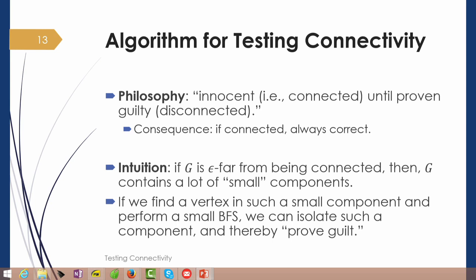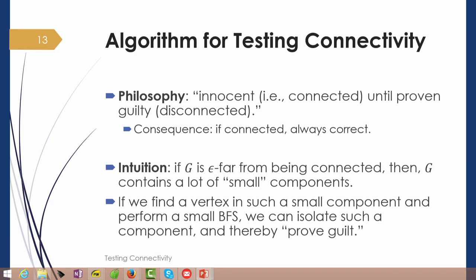And because the graph is fragmented, not only are there lots of components, there are lots of small components. And so a random sample from the set of vertices could very well, with good probability, land us on such a small component.